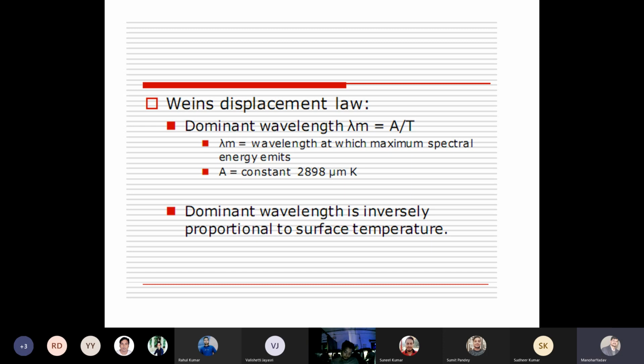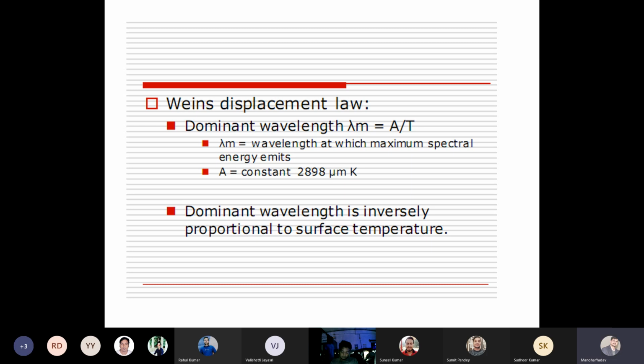When we analyze that particular curve, we define an entity, that is, at which particular wavelength the radiated energy is maximum.